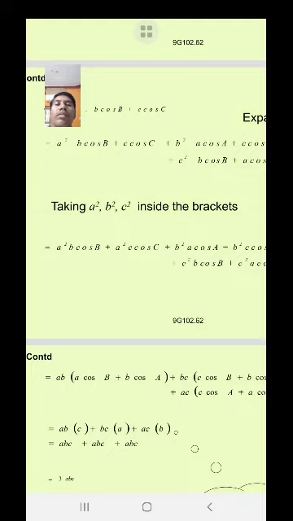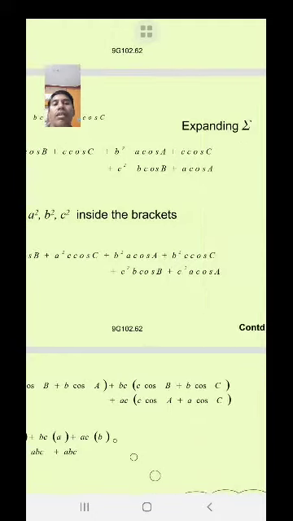Then it becomes a square into b cos b plus a square into c cos c, plus b square into a cos a plus b square into c cos c, plus c square into b cos b plus c square into a cos a.